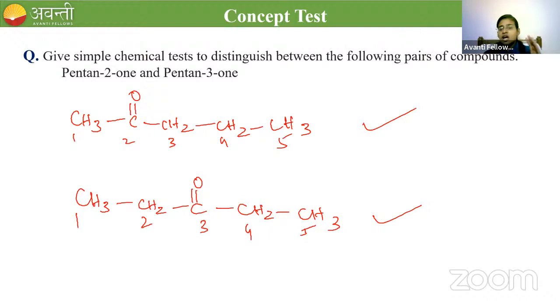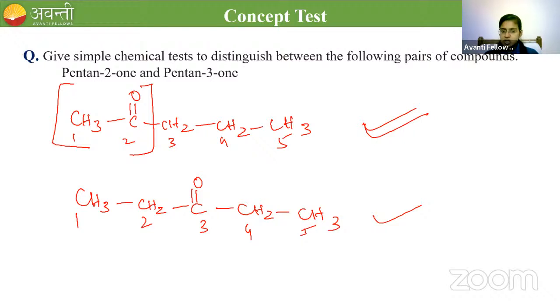Now, how can you differentiate them using the iodoform reaction? Pentan-2-one has a CH3CO component, so it will respond to the iodoform reaction. But pentan-3-one doesn't have CH3CO.